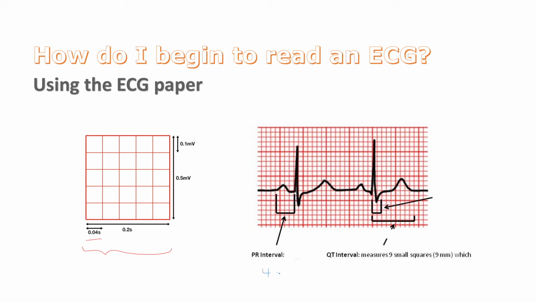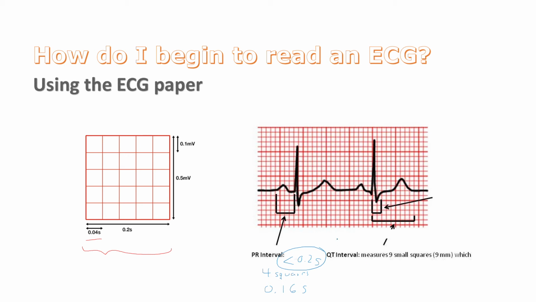It measures 4 squares, 4 millimeters, which represents a PR interval of 0.16 seconds. So the normal PR interval is less than 0.2 seconds. So this state is okay. This will be the normal state of a PR interval.